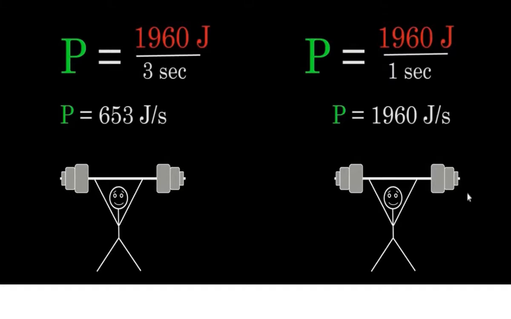In that case, the power of the second weightlifter is more than the first weightlifter. Though they are doing the same amount of work, the second weightlifter takes less time, so his power is more.